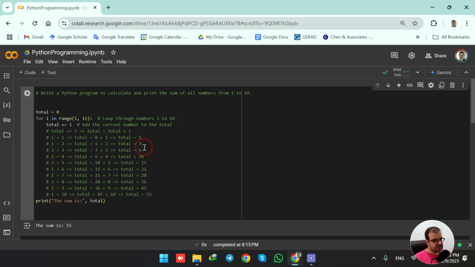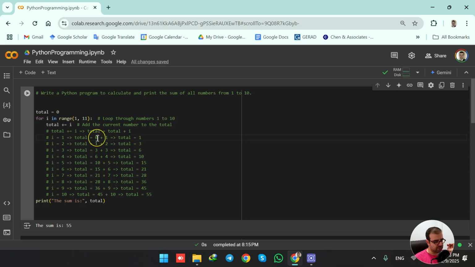So basically, in this code, we are iterating over values for I between 1 and 10. We are looping through numbers 1 to 10, and calculating and adding the current number to the total. So total initially equals 0.